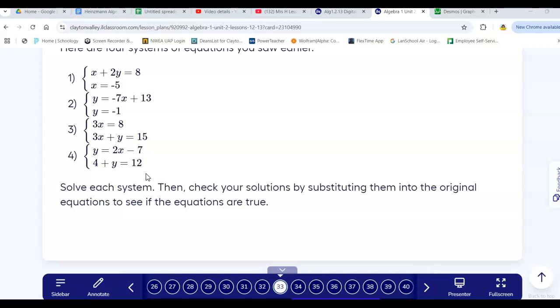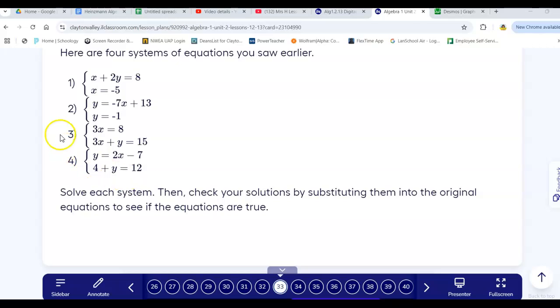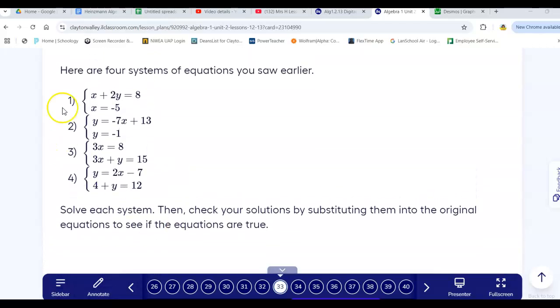You're welcome to solve them however you like. They don't tell you how to solve them. You could solve them by looking at them in Desmos. You could solve them by doing some guess and check. There are things that you can do to try to solve these and see if there's a solution to them.